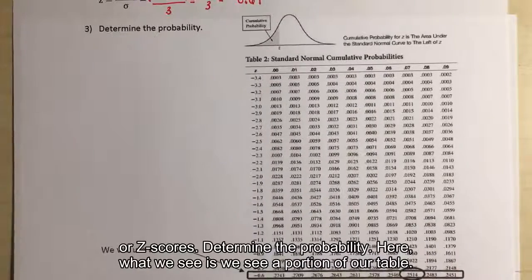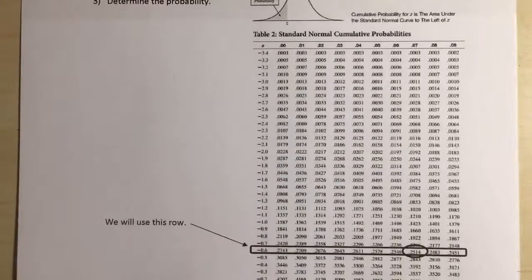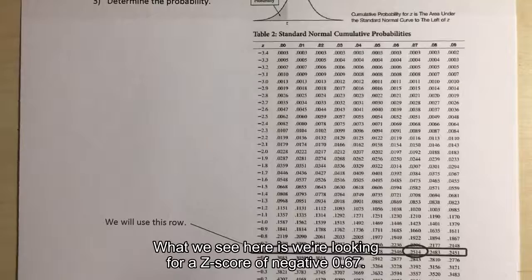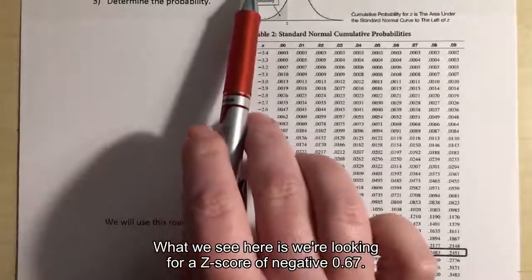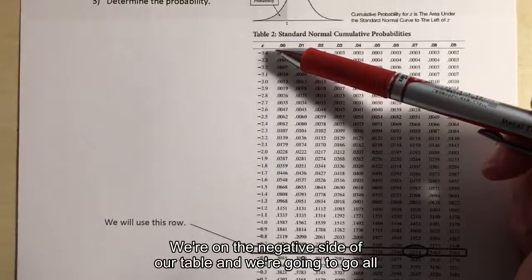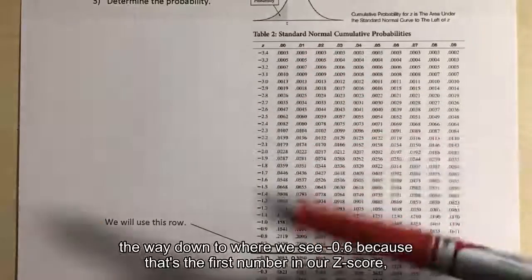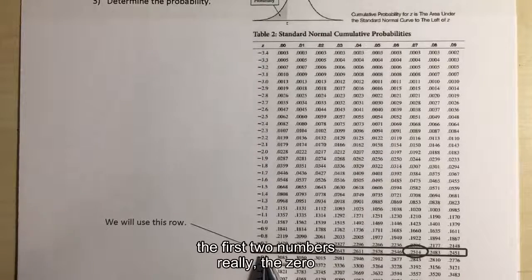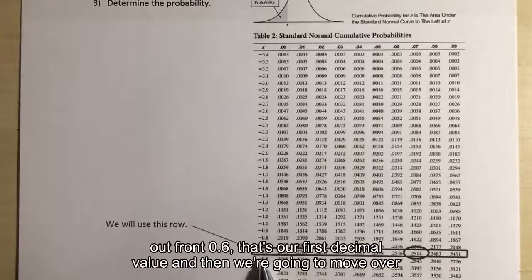Now, determine the probability. Here we see a portion of our table. It's kind of tiny, but this at least shows you in your notes where we're looking. We're looking for a z-score of negative 0.67. So we're on the negative side of our table, and we go all the way down to negative 0.6, because that's the first number in our z-score, the first decimal value.